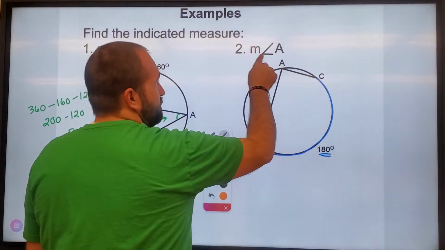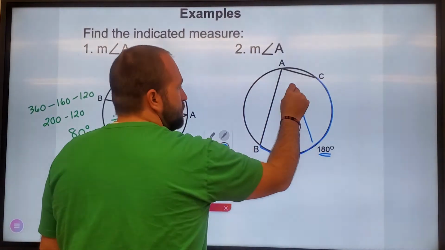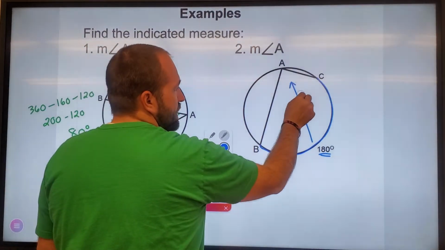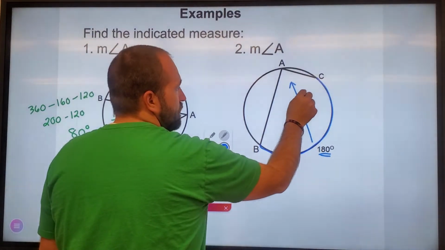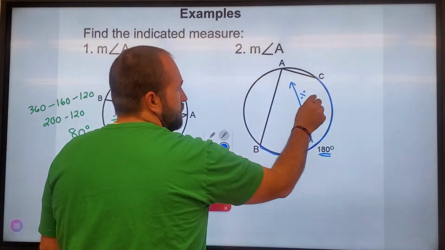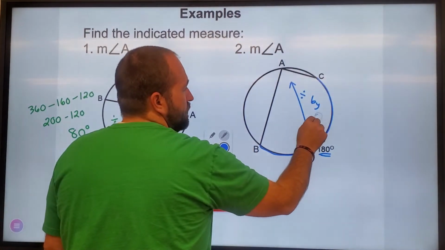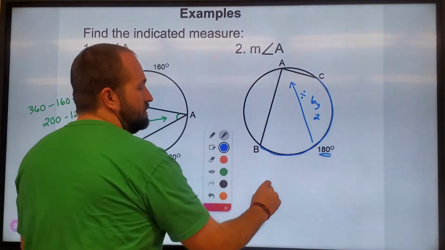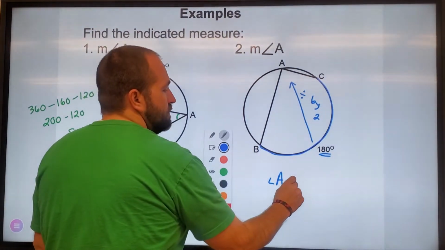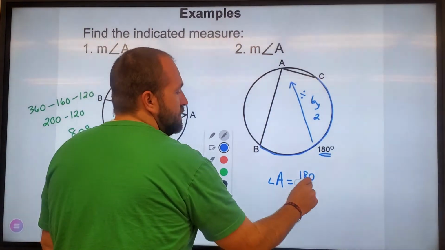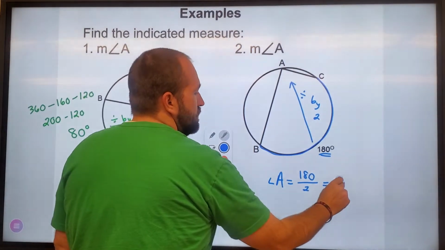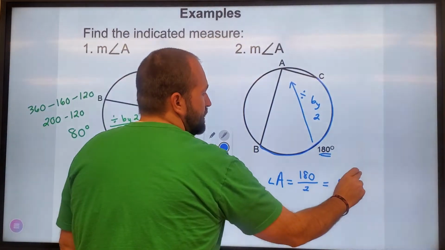So again, I'm trying to find angle A, which means I'm going from here and again working my way in, which means I'm going to divide by 2. So angle A is that 180 divided by 2, which makes it a 90-degree angle.